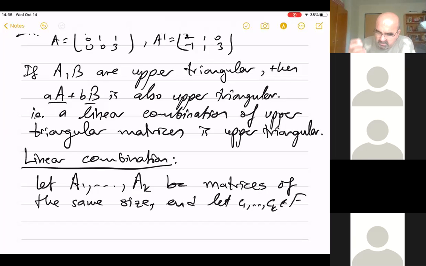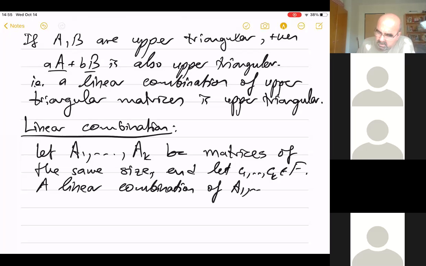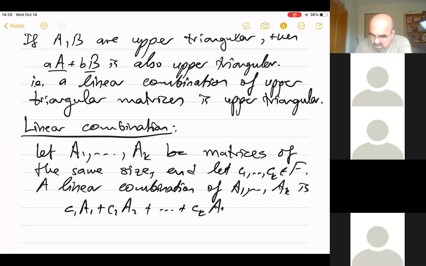The field is the real numbers in general, as we said. Then a linear combination of A1 through AK is C1 times A1 plus C2 times A2 plus ... plus CK times AK.